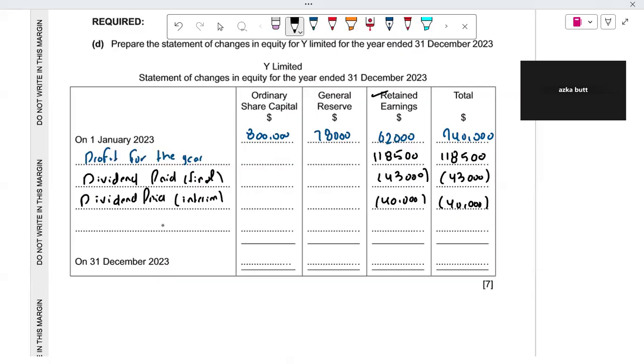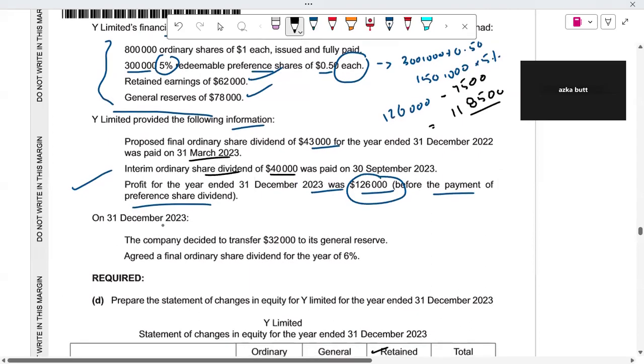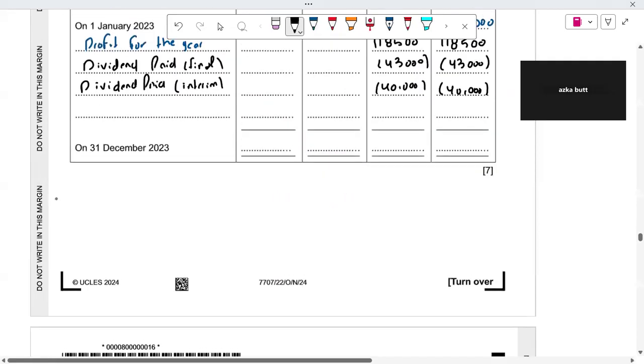Okay, and also the company decided to transfer $32,000 into its general reserves on 31st December.